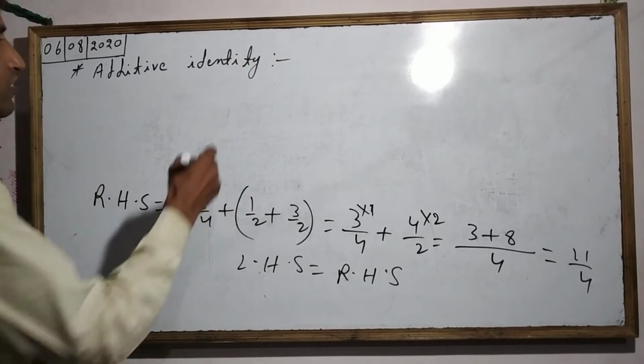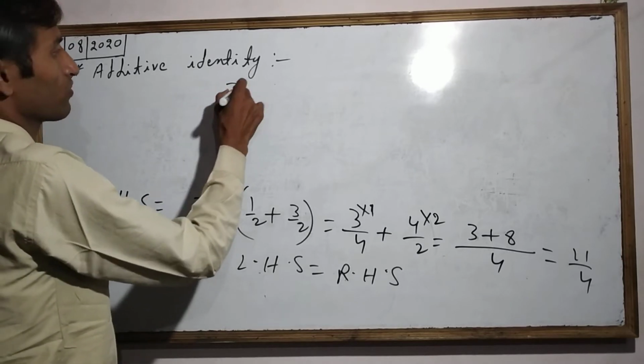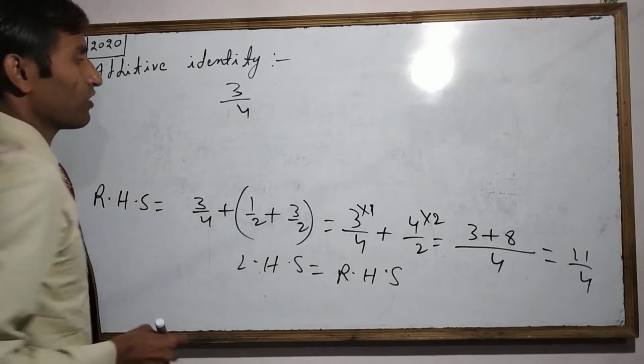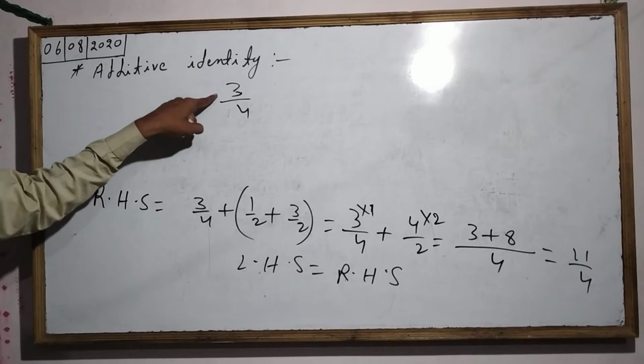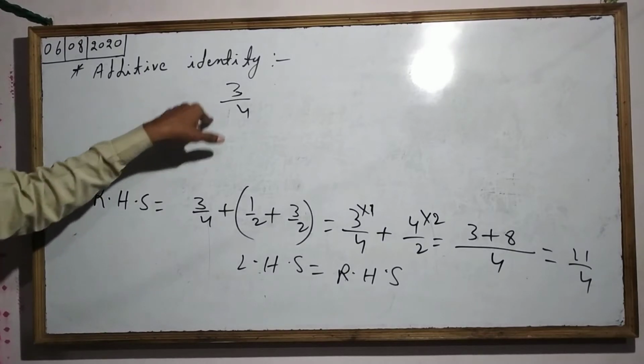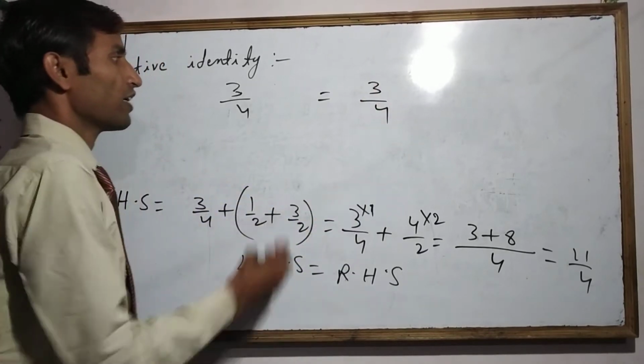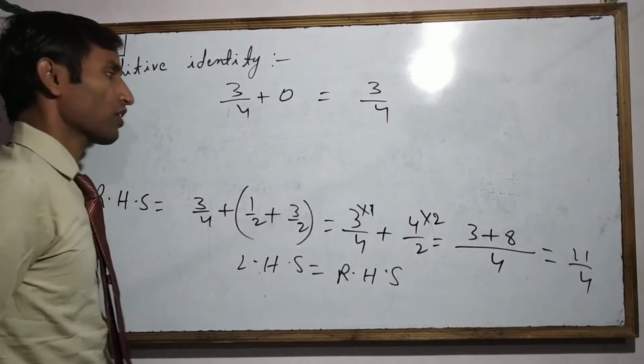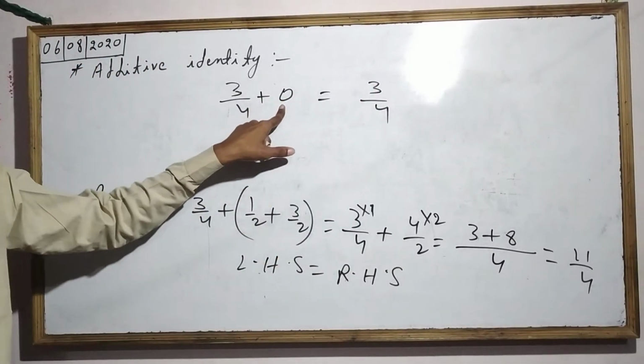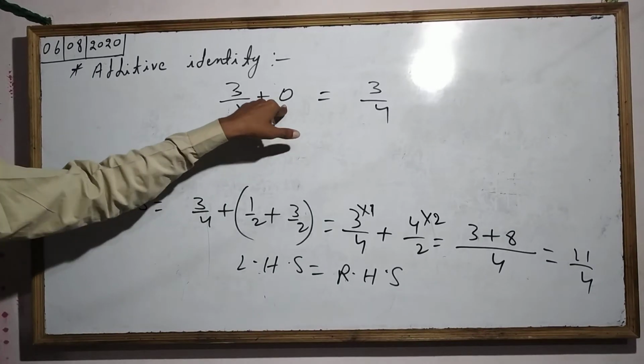Additive identity means: we have to find what to add to 3 upon 4 so that the answer comes the same, 3 upon 4. So what will be added here? 0 will be added. So 0 is called the additive identity of a rational number.